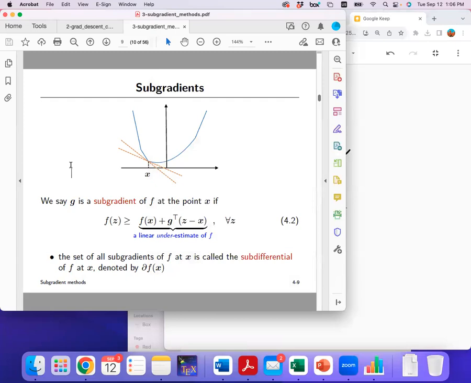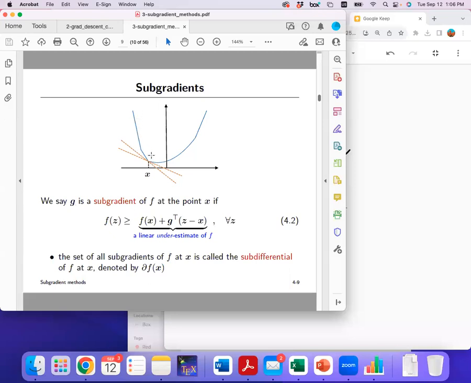So the formal definition is through this inequality. We say g is a subgradient of f at x if the following inequality holds for all z. This is exactly how we defined convexity in the previous lectures. Basically, this inequality says that on the left-hand side, f(z) is this function graph.